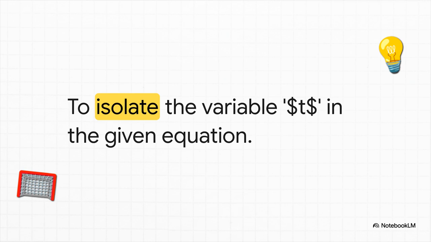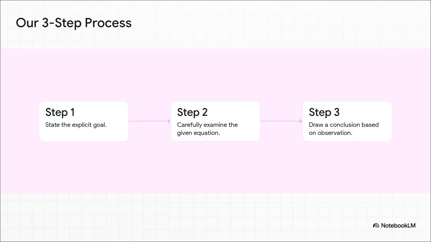Our goal is to perform the necessary algebraic manipulations on the equation to isolate the variable t. And here's our official 3-step process. Step 1, state the explicit goal. Check, we just did that. Step 2, carefully examine the equation. And step 3, draw a conclusion based on what we see. Seems simple enough, doesn't it?